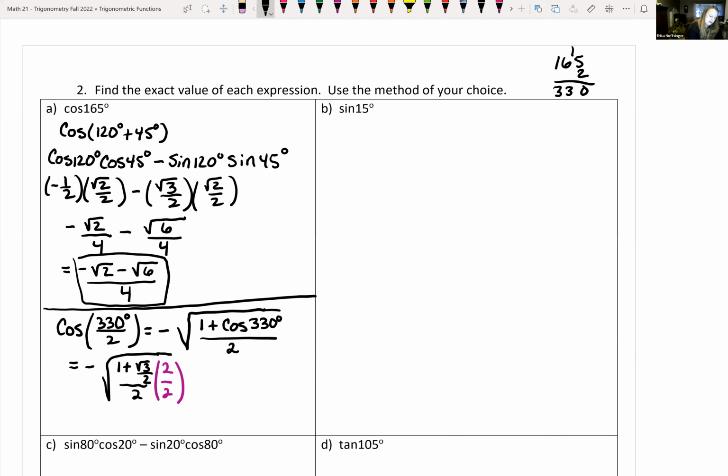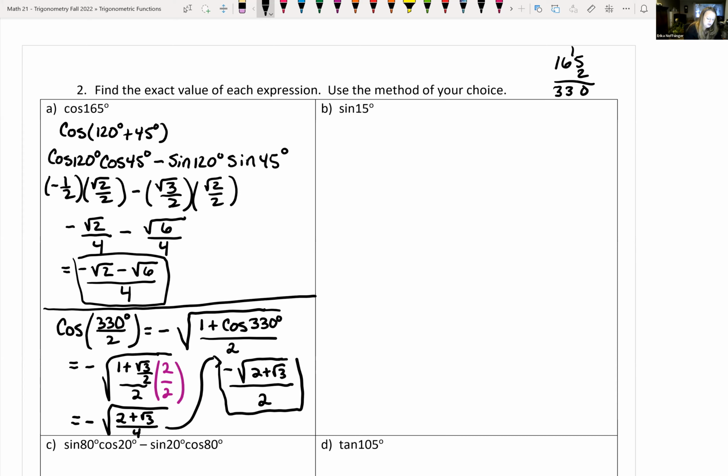And so we would get negative square root of 2 plus root 3 all over 4, which is equal to negative the square root of 2 plus root 3, all underneath that main radical, all over the square root of 4, which is 2.